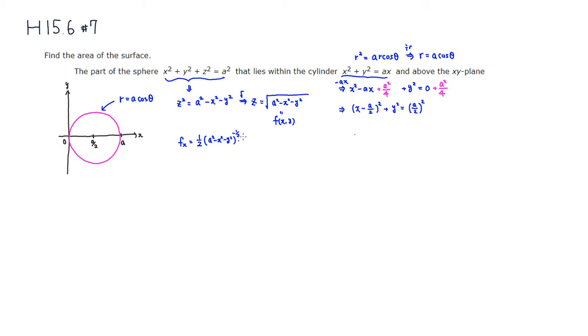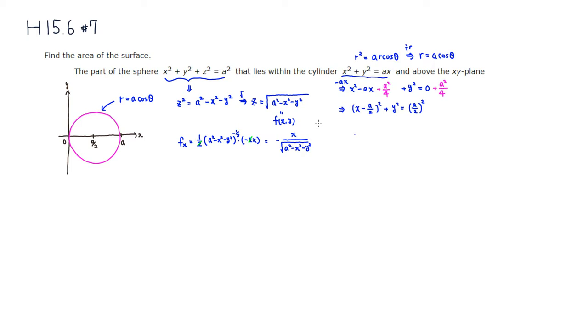Then you multiply by the partial derivative inside with respect to x, which is negative 2x. We can cancel the 2 on top and the 2 on the bottom. So you will get negative x over the square root of a squared minus x squared minus y squared.